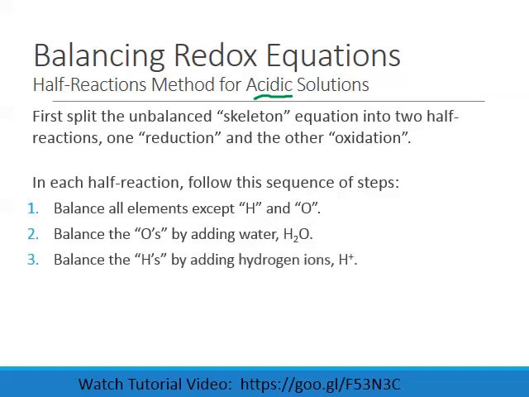Similarly, because the reaction was happening in an acid solution, and acids have lots of hydronium or hydrogen ions, we can fix the hydrogens, balance them, by adding H+ hydrogen ions to the appropriate side of the equation. Now we're going to do something a little weird.